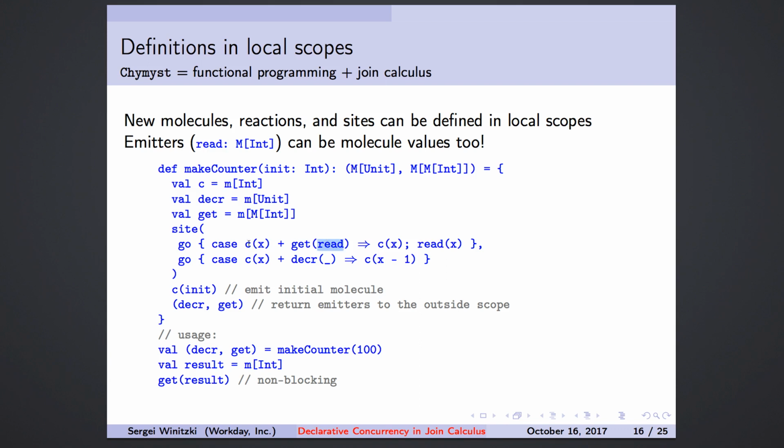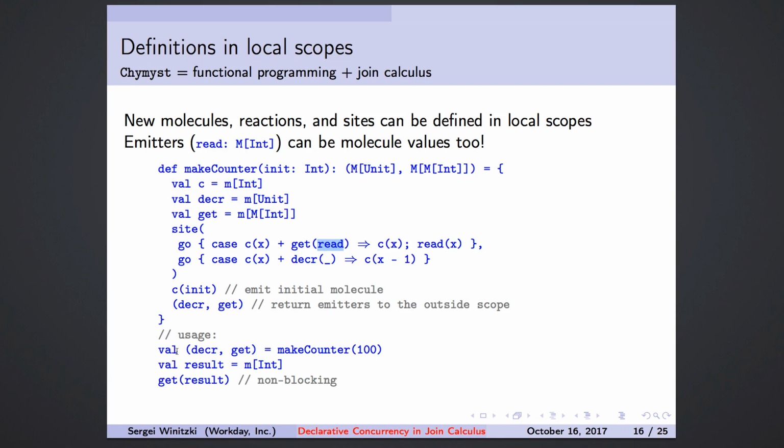What happens here is that at some time we want to find out what the counter's value is. But this is non-blocking, so the result will come on a different molecule later. So that different molecule is going to be a parameter.